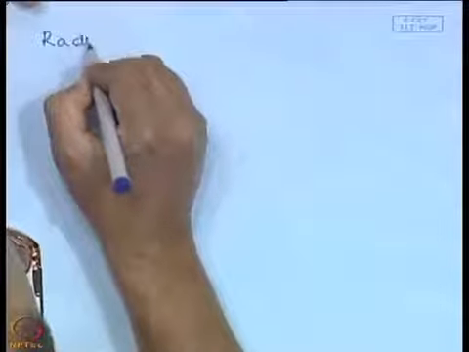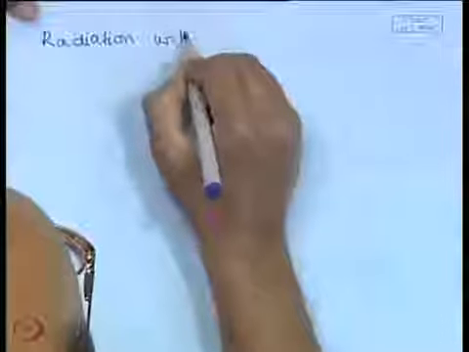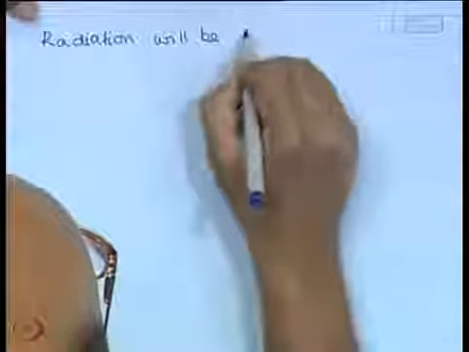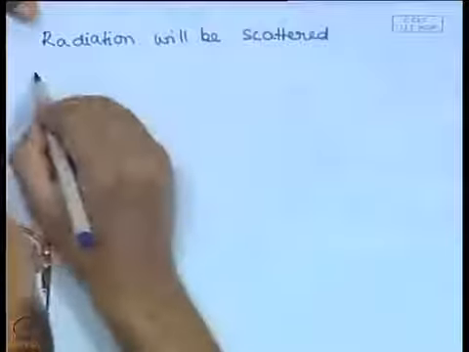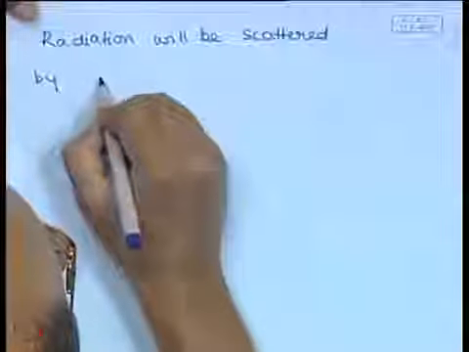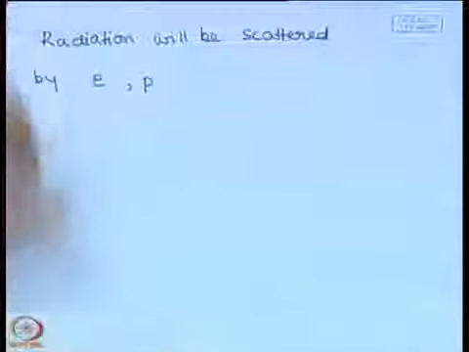Okay. So, we will have both elastic and inelastic scattering. The radiation will be scattered by the electrons and by the protons, right, by the ions both.